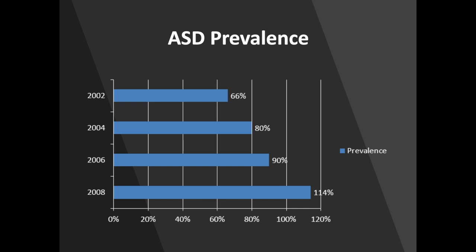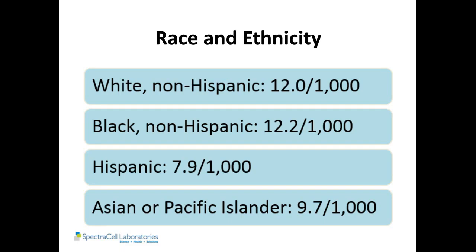We also know that there's some increased incidence based on the race and ethnicity of these individuals. As you can see, the white non-Hispanic and black non-Hispanic have a little higher tendency for this particular condition. Once again, it may be due to certain dietary lifestyles. It may be due to locations. Once again, I'll explain that in a little more detail. And, of course, we do know that there's some genetics as well involved with this particular group of individuals.